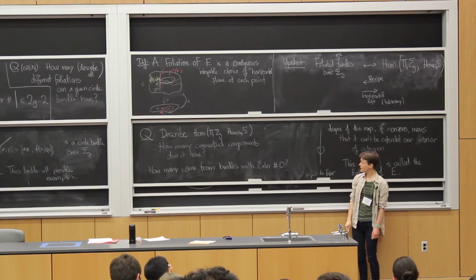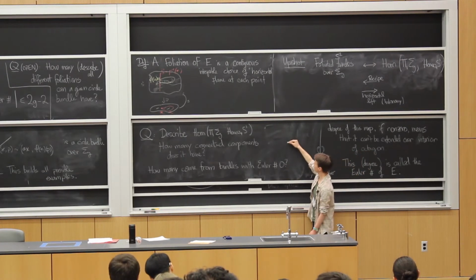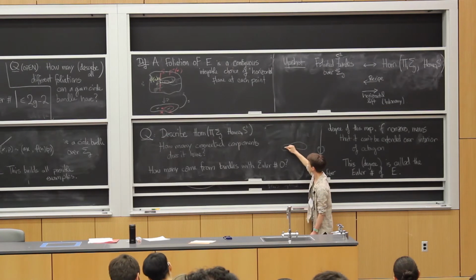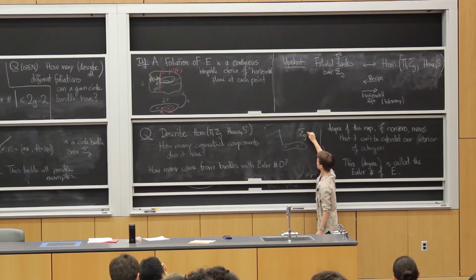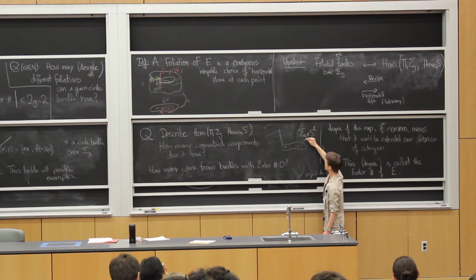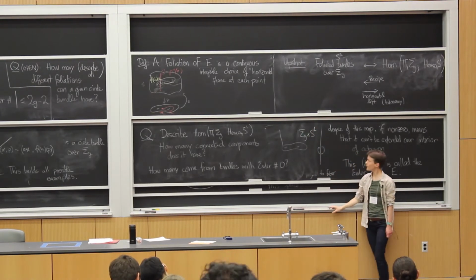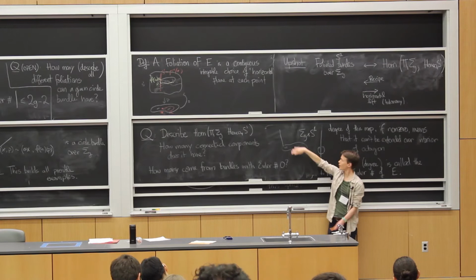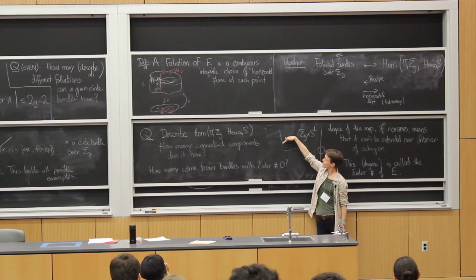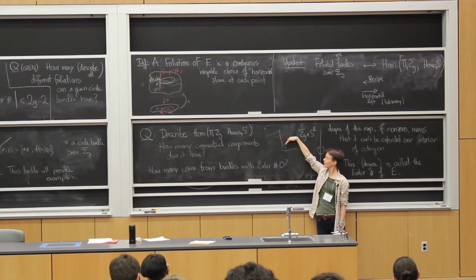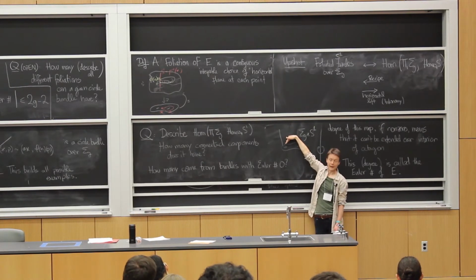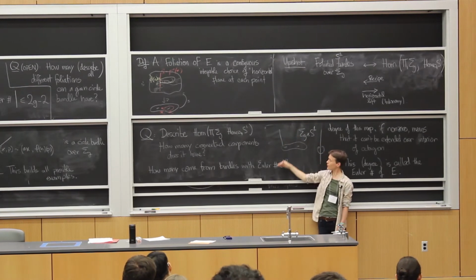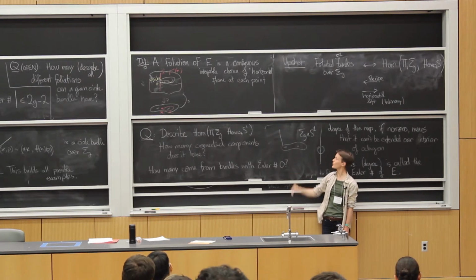Or in other words, if I just give you a surface cross the circle, how many ways are there of picking out a foliation transverse to the fibers? You can do this product one. You could do something else. Do they all look the same? Can they all be deformed one to the other?